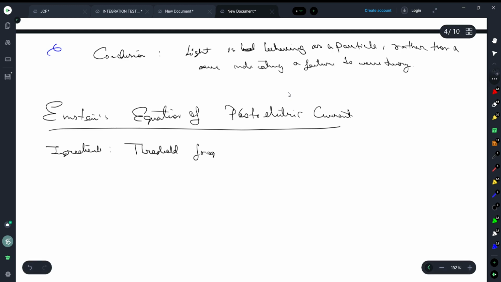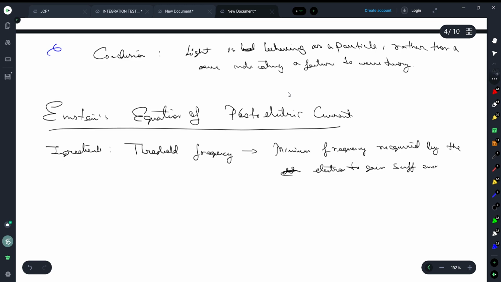Threshold frequency is basically the minimum frequency required by the electron to gain sufficient energy to eject out.